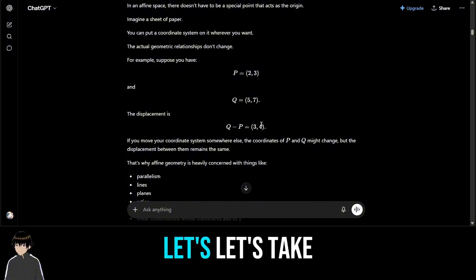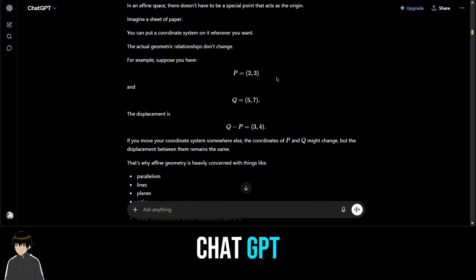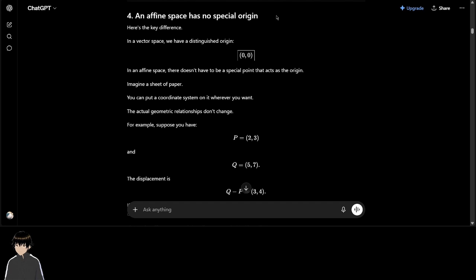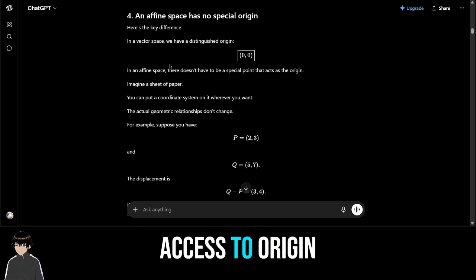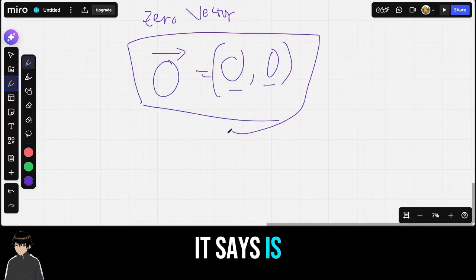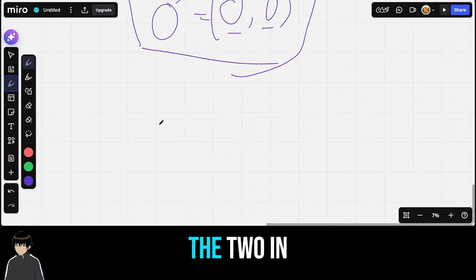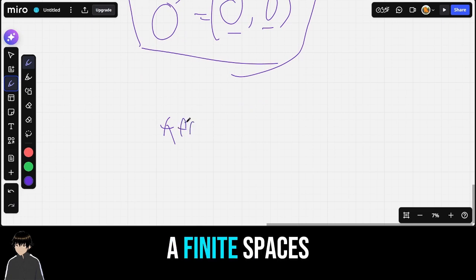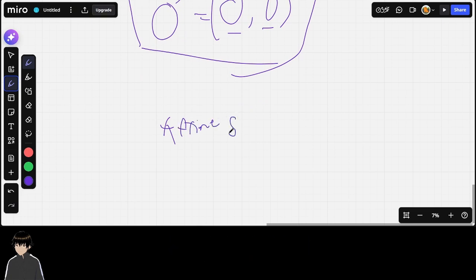So if you see here, let's take this example from ChatGPT. It says here, in an affine space, there doesn't have to be a special point to act as the origin. Essentially, in affine spaces, it doesn't matter where the vector is.